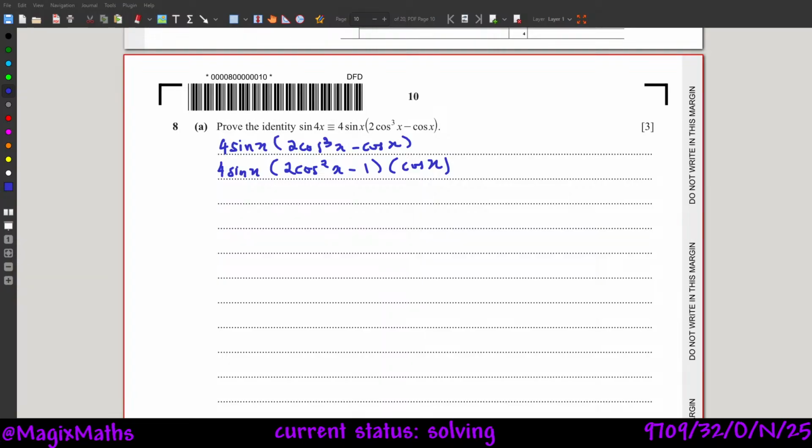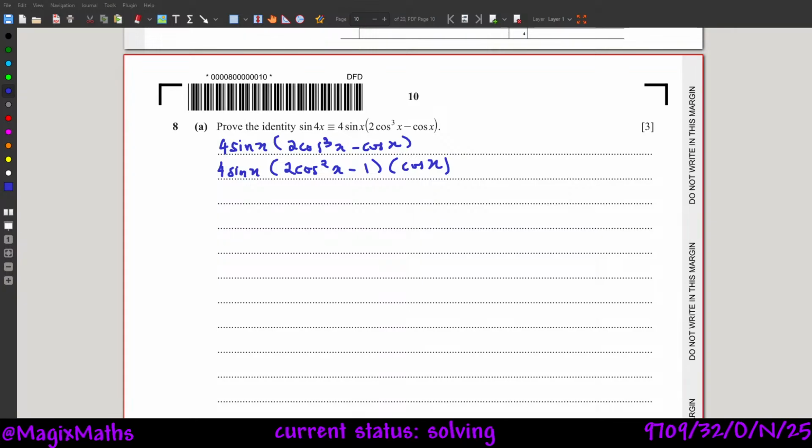So 2 cos squared x minus 1 looks a little bit familiar if you refer to your MF19. One of the equations here we can find is that 2 cos squared a minus 1 is also equivalent to cosine 2a, or 1 minus 2 sine squared a.